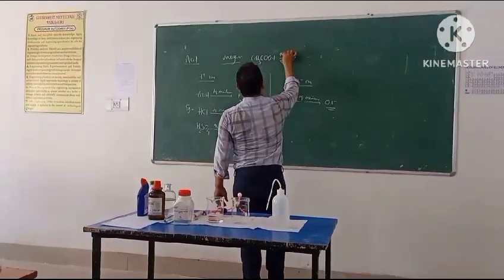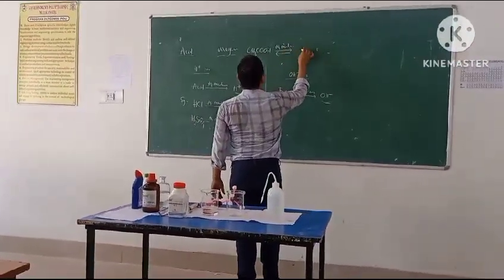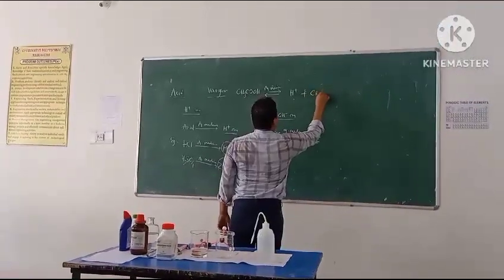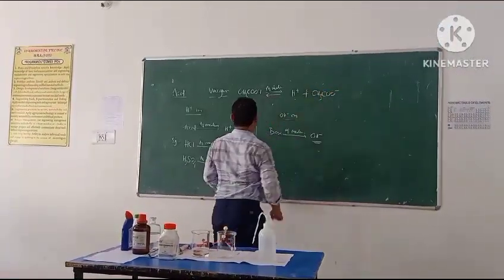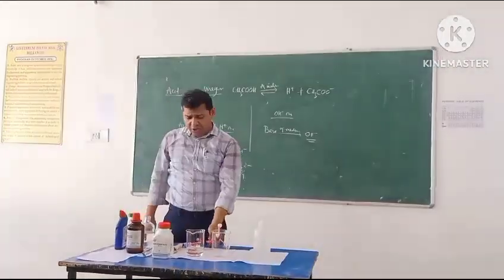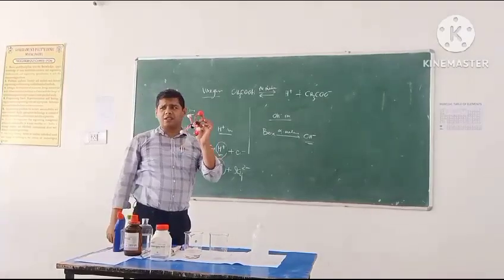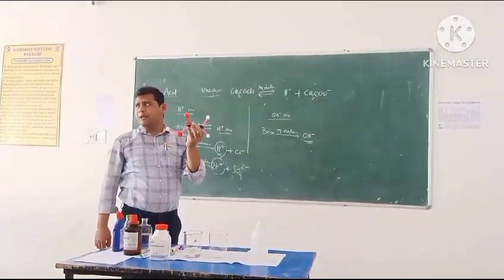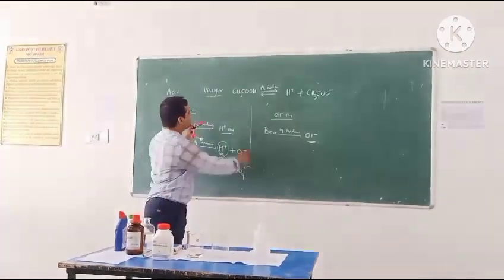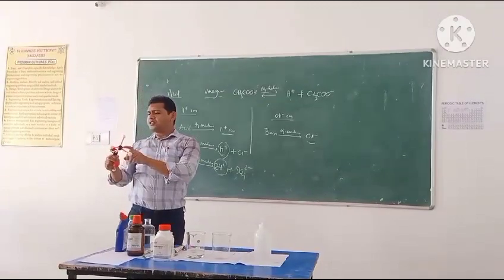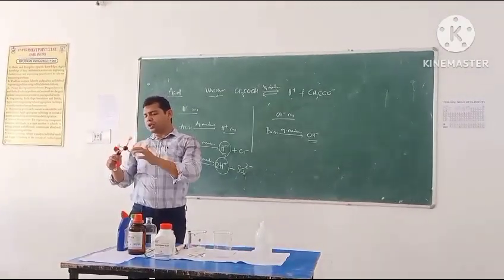In aqueous medium, it produces hydrogen ion and acetate ion. This is acetic acid. If you see the molecular model of acetic acid, the chemical formula is CH3COOH. This is carbon and three hydrogen atoms are there: 1, 2, 3 hydrogen atoms.